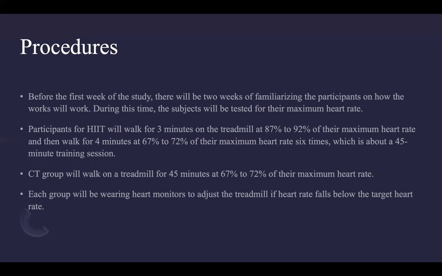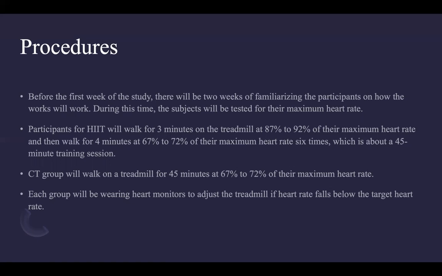Each group will be wearing heart monitors to keep them in that target heart rate range. The continuous training group will walk on a treadmill for 45 minutes at 67 to 72% of their maximal heart rate.